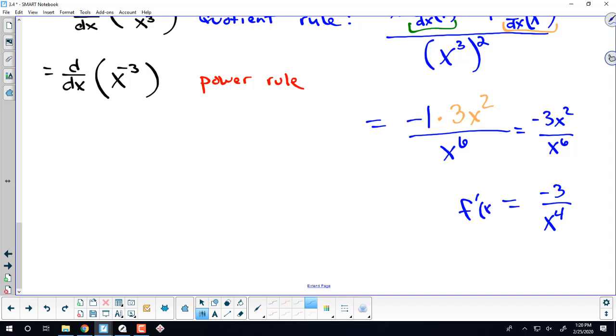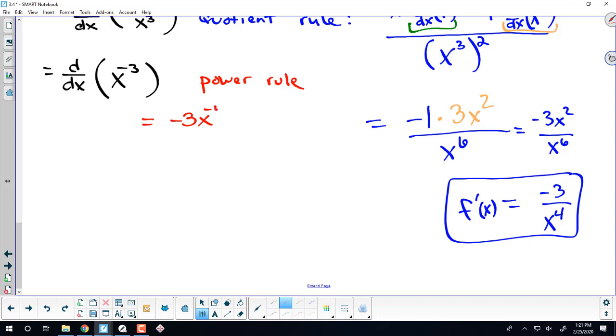We didn't actually label it f, but that's the derivative according to the quotient rule. And if we use the power rule on x to the negative 3rd, the derivative is negative 3x to the, what power? Negative 4. Subtract 1 from the original power. And once we write with positive exponents, we see they're exactly the same.